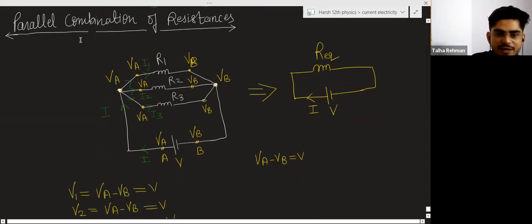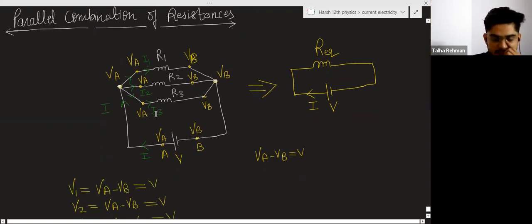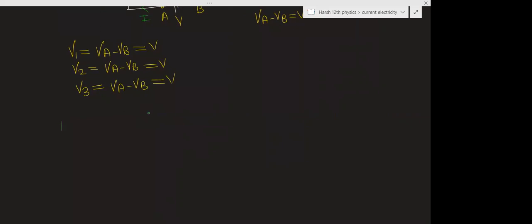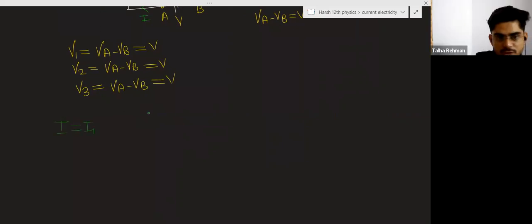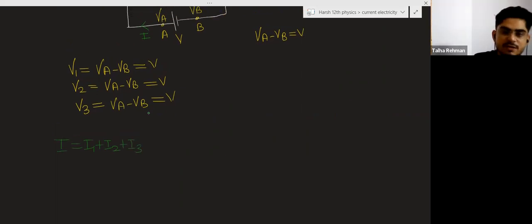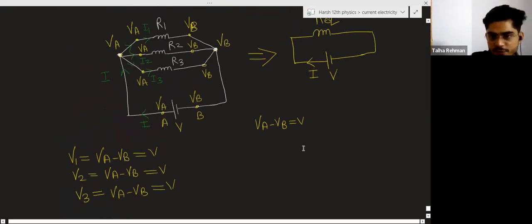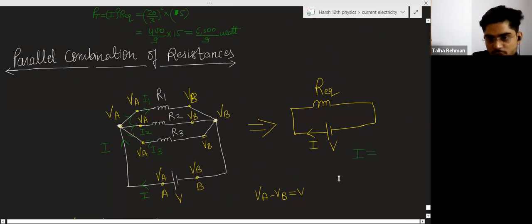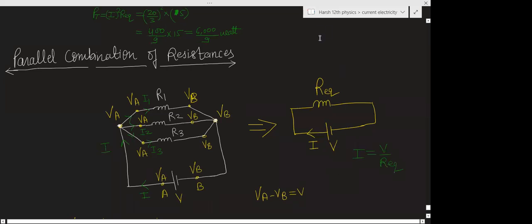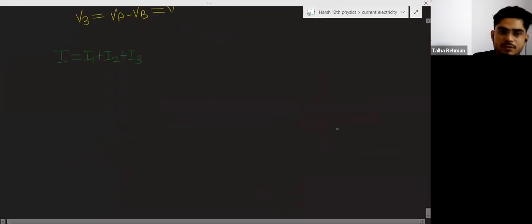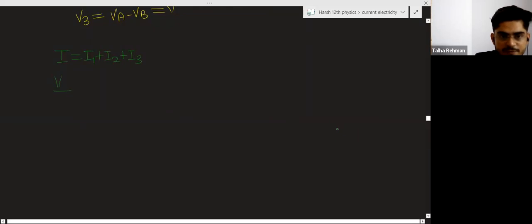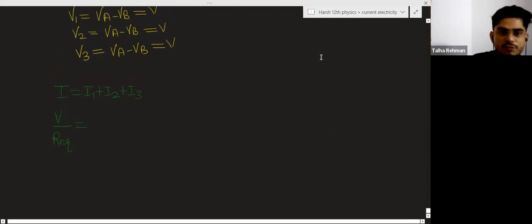So you can write I is equal to I1 plus I2 plus I3. And now from this circuit you can write I is equal to V divided by R equivalent. Now see, I1 is equal to V1 divided by R1. What is the value of V1?